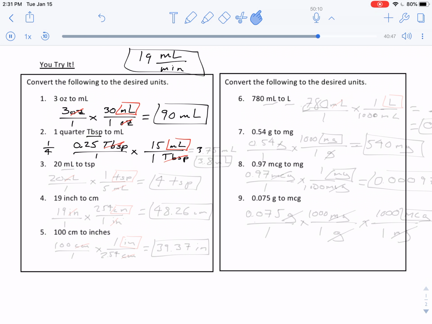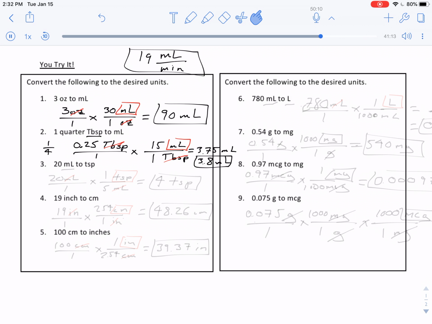So we're talking about 3.75 milliliters. I can't stop there because this is above 1, and so I have to round appropriately to 3.8 milliliters. Sorry for the bad writing and board work.